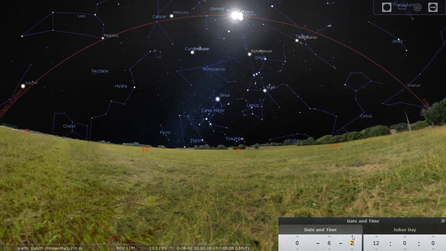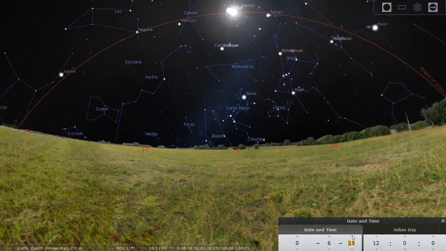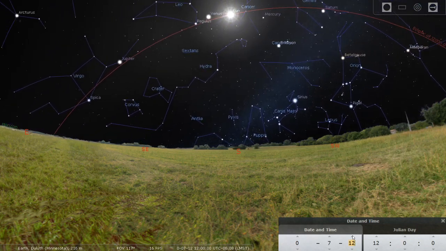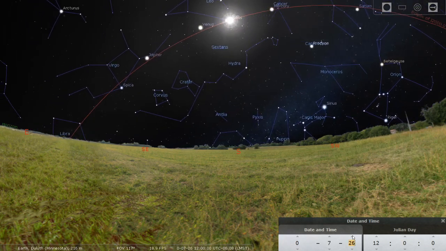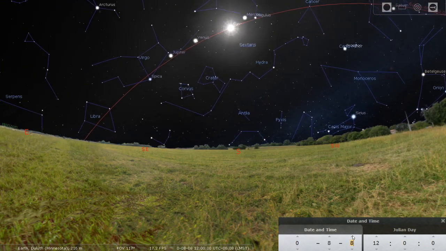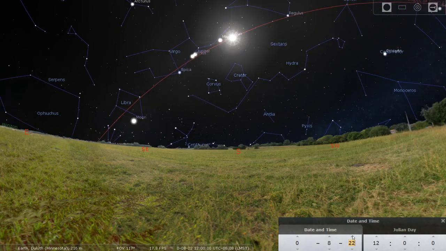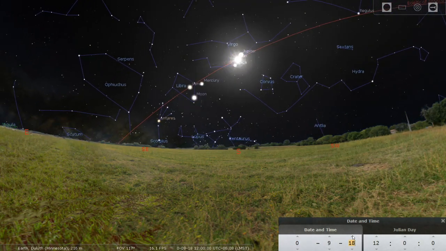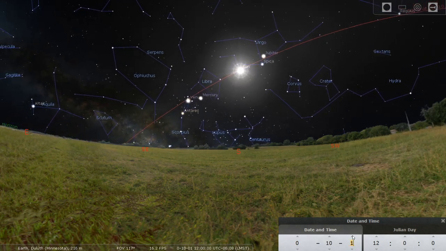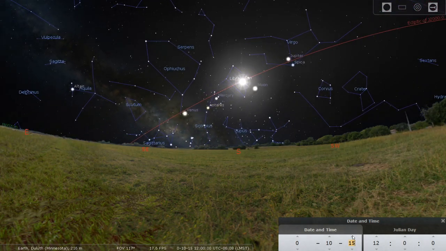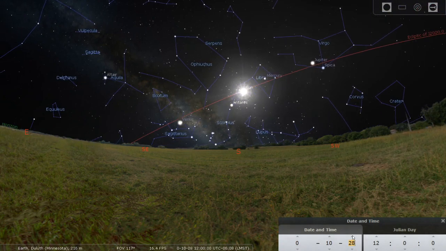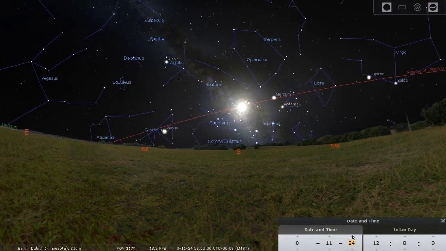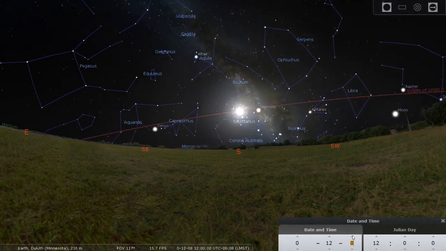You can also see that this ecliptic passes through several constellations, and the planets also lie very near to this ecliptic line. That's because our solar system is like a flat disk. This ecliptic is a representation of our orbit around the sun, and the other planets have orbits that lie in the same plane. So all of the planets do appear in the same region, along this ecliptic.